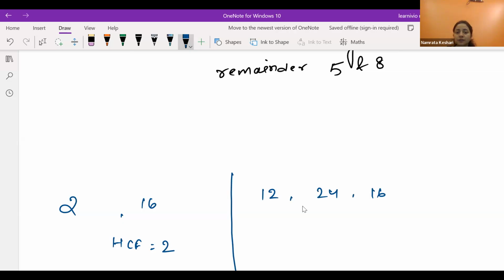Ryan, please check. 12 can't divide 16. 2 square, 4, right? Yes, Ryan, take your time and check it. Is it 4?